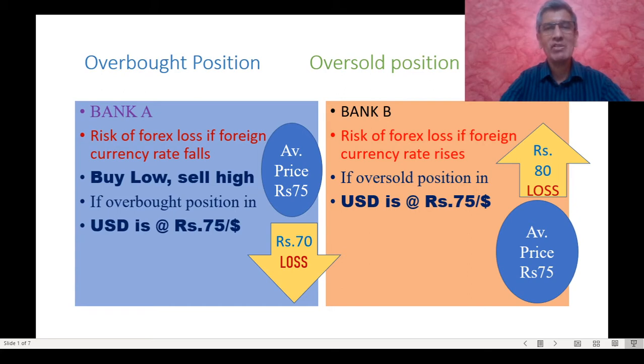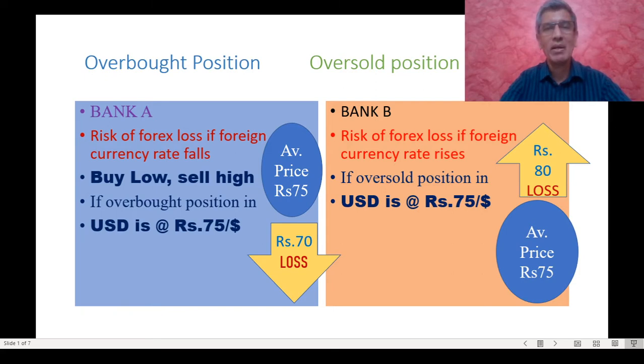In the last session, we saw how banks undertake cover operations to square their open position and to protect themselves against currency fluctuations. So let us bring up the slide to recap what cover operations are and how banks square their positions.